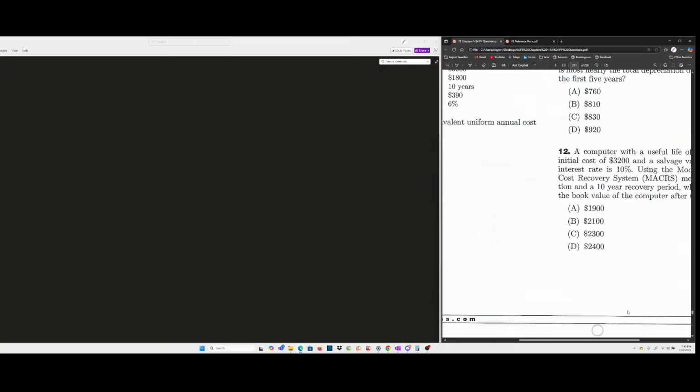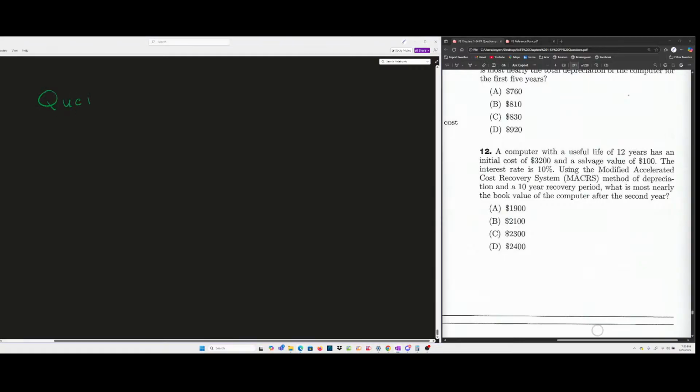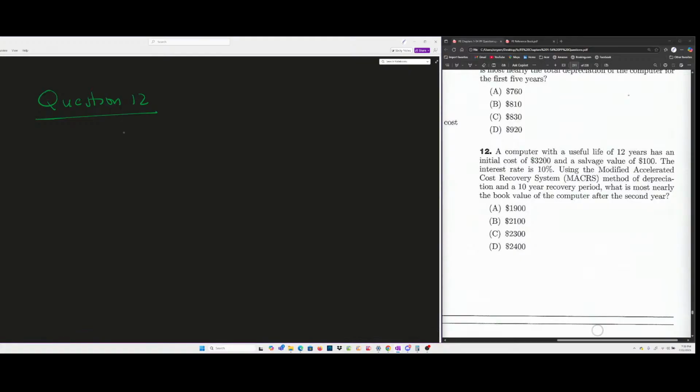Question 12, I believe. They say a computer with a useful lifespan, so the time is 12 years.